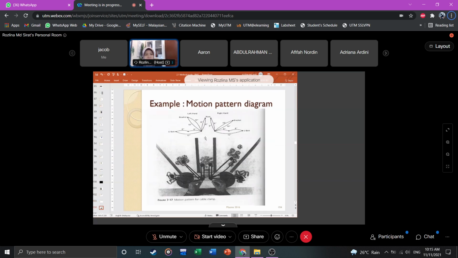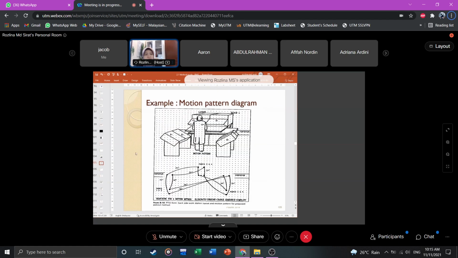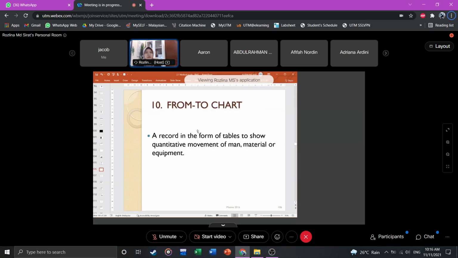So they just draw the pattern of movement. Then they calculate the motion, but they use the scale grid of paper.